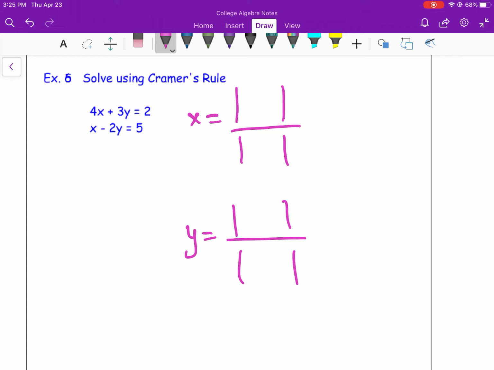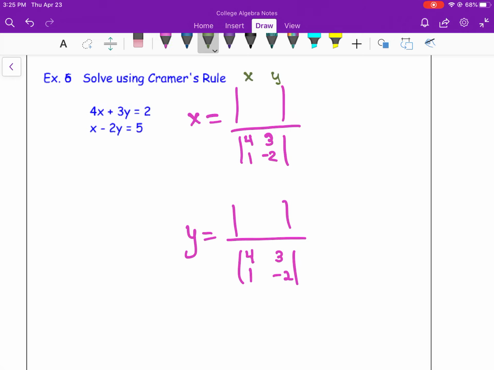So get yourself set up, give yourself plenty of room. You're going to come up with your denominator first. So I have a 4 and a 1, a 3 and a negative 2. Copy those. Then remember, you have the x column, then the y column.